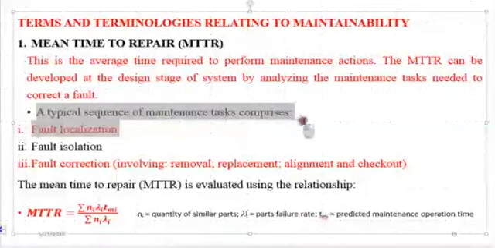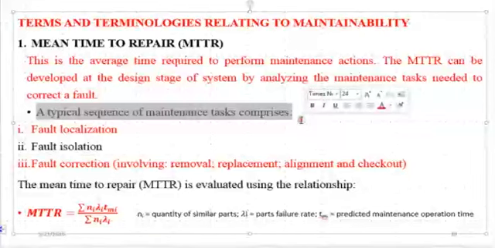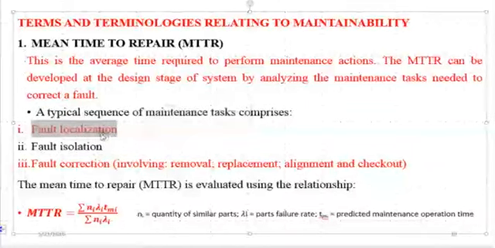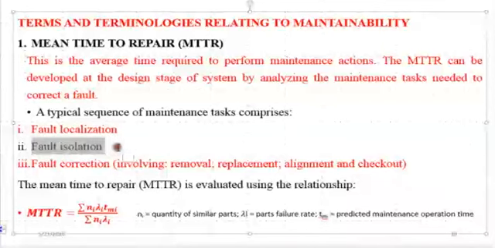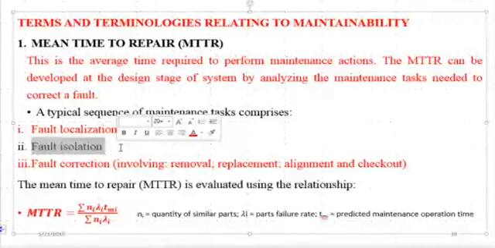The typical sequence of stages to be followed when carrying out maintenance tasks include what we call fault localization. Fault localization is a term standing for identifying the area where the fault has occurred. The next thing is called fault isolation. Fault isolation is, after identifying where the fault occurs, you try to separate it from other parts so that it is on its own.